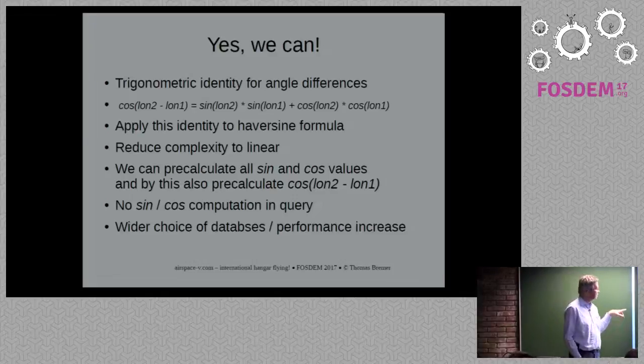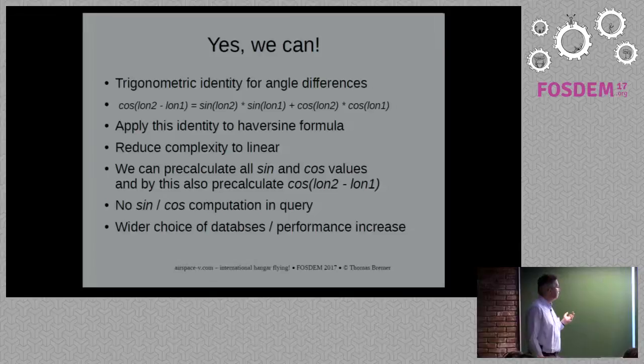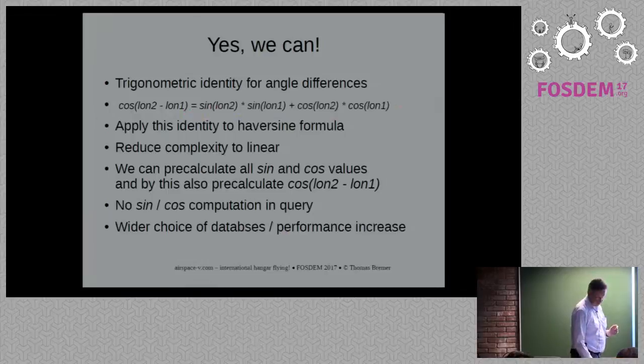We get back to linear, and so using this formula, we really can store all the sines and cosines in a table, and this allows us to use a database like SQLite, which doesn't provide trigonometric functions, or it would also mean becoming faster if we use other databases that have the ability to calculate trigonometric functions.